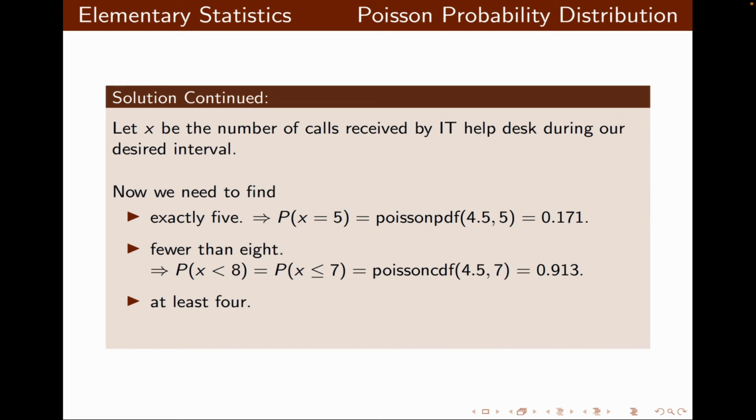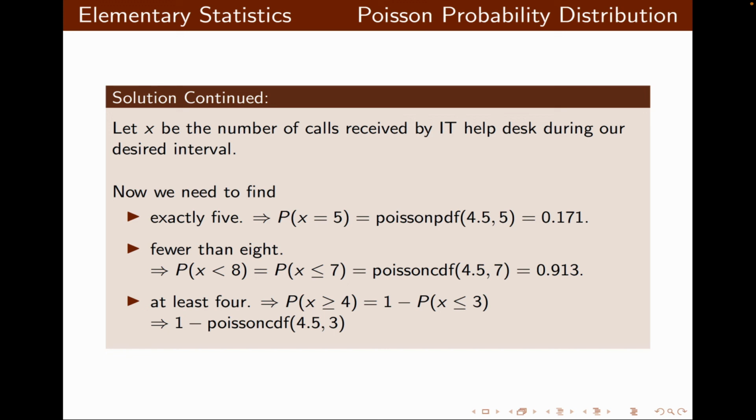And probability that they get at least 4 calls, meaning that x is greater than or equal to 4, we're going to use the complement rule. If we want 4 or more, that means we don't want 3 or below. So we're going to subtract that from total probability 1.